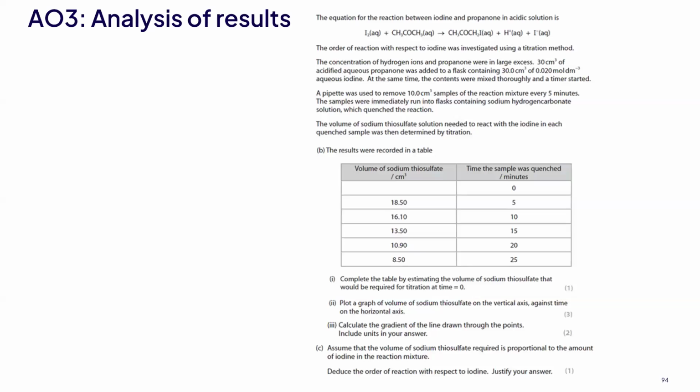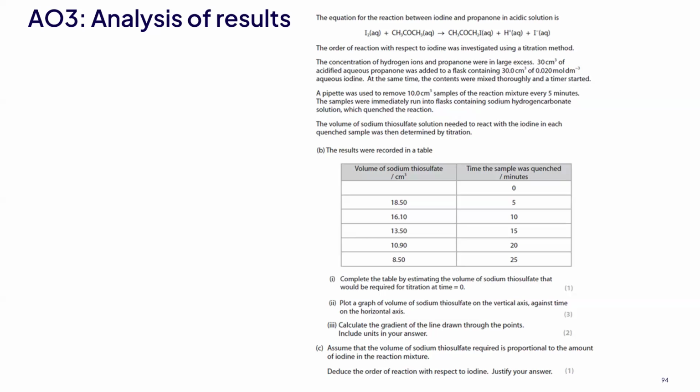Okay, typical question. There's analysis of results from data. Complete the table by estimating the volume of sodium thiosulfate that would be required for the titration time t, plot a graph, calculate the gradient, and include the units in your answer.